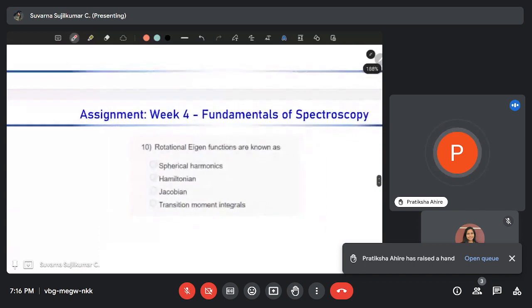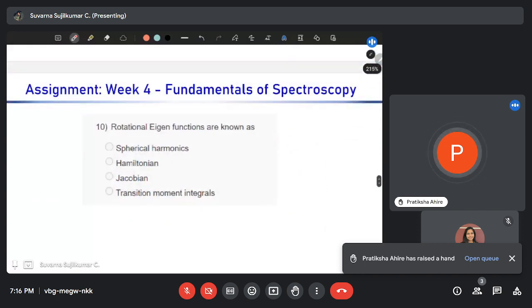The next one: rotational eigenfunctions are known as spherical harmonics, Hamiltonian, Jacobian, transition moment integrals.